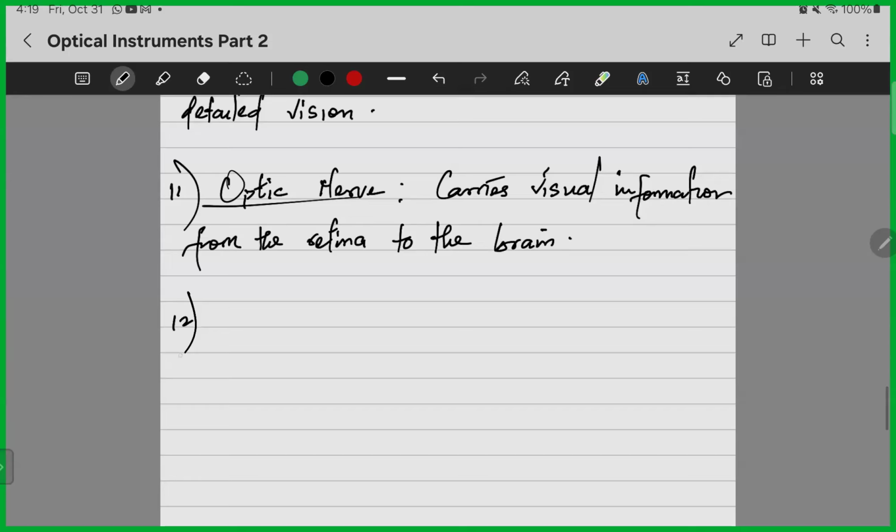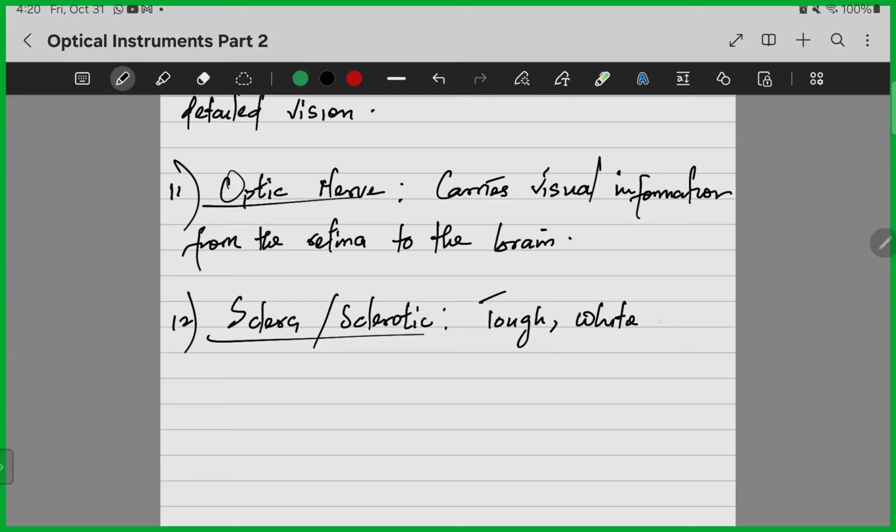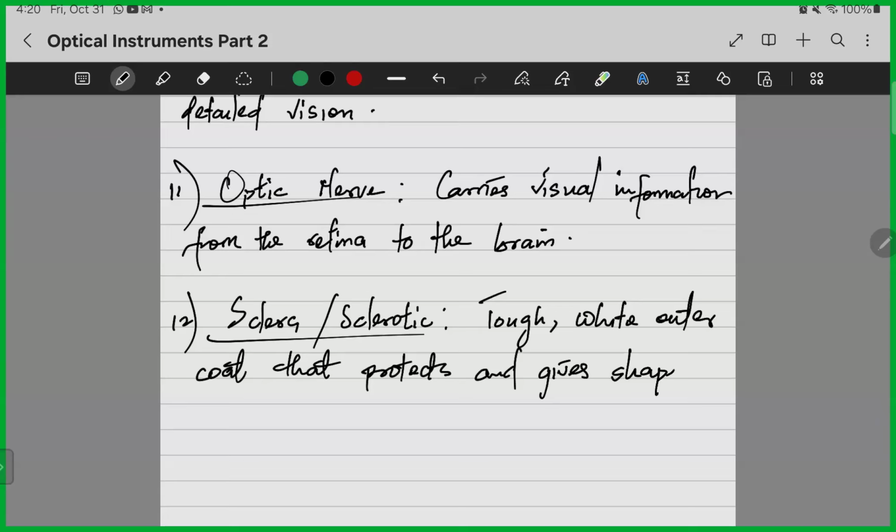Then, in some places they call this sclera, some call it sclerotic. This is the tough, white outer coat, which can be called the sclerotic coat, that protects and gives shape to the eyeball.